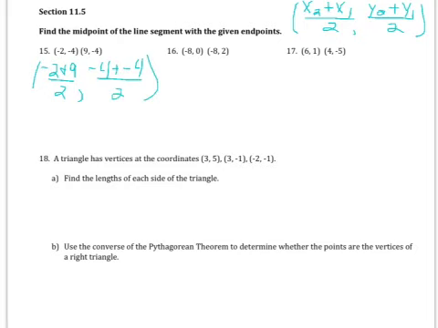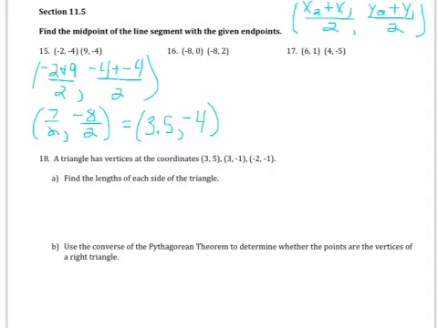So negative 2 plus 9 would be 7 divided by 2. And negative 4 plus negative 4 is negative 8 divided by 2. So our final answer, you can leave it as 7/2 or you can write 3.5. So 3.5 comma negative 4.